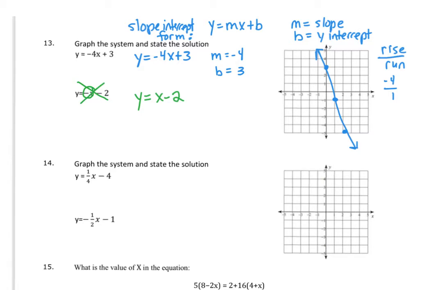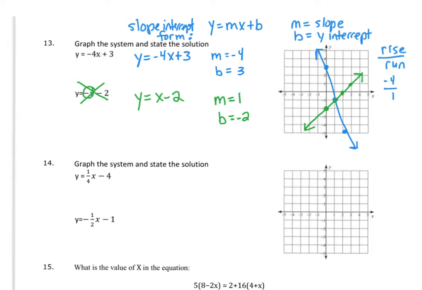Our slope is 1 and our y-intercept is negative 2. So I'll start by plotting my y-intercept, negative 2. My slope is up 1 over 1, up 1 over 1. Keep going here. This is the line of my second equation.